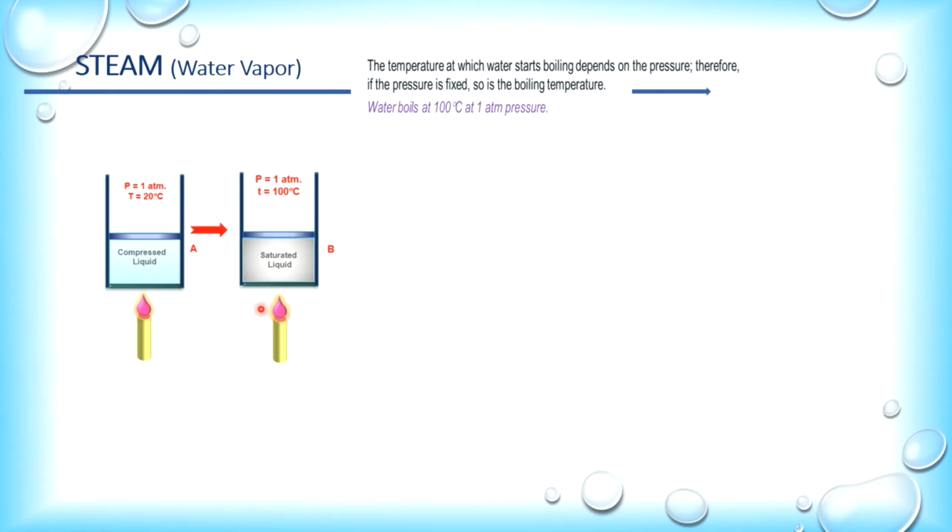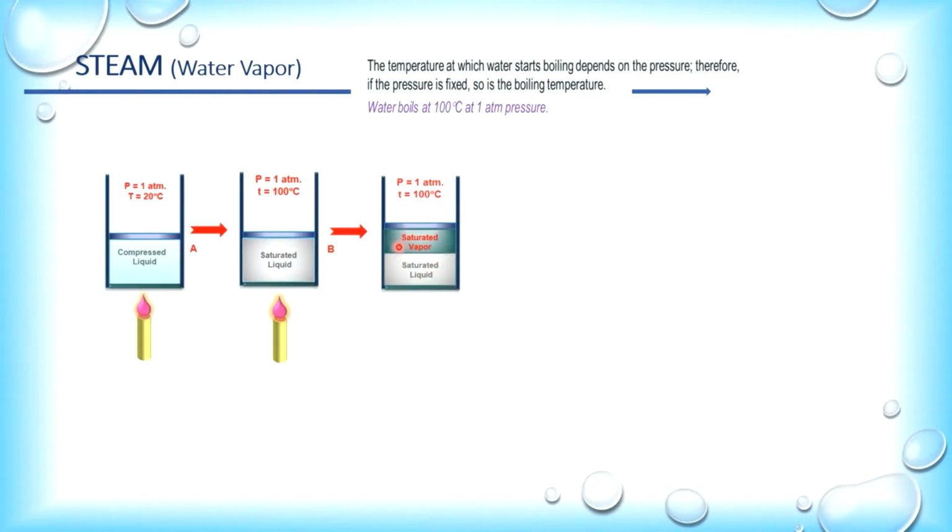When more heat is applied at constant pressure, this boiling liquid or saturated liquid undergoes a change in phase. It will move from state point B to another new state point C, where we have a mixture of saturated vapor and saturated liquid.